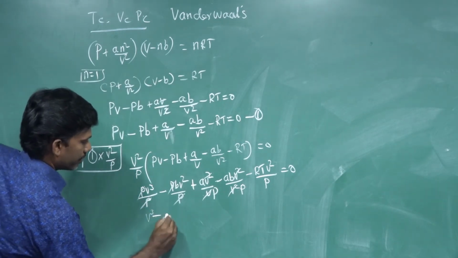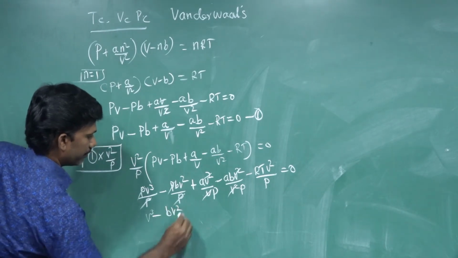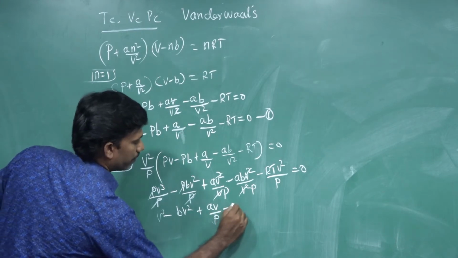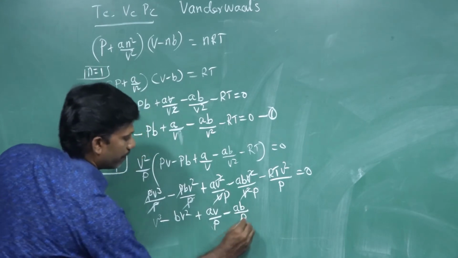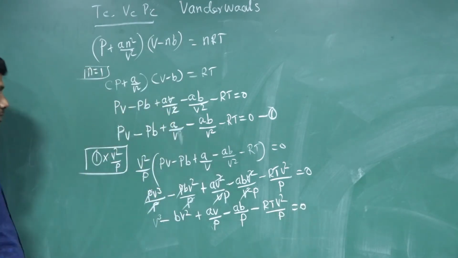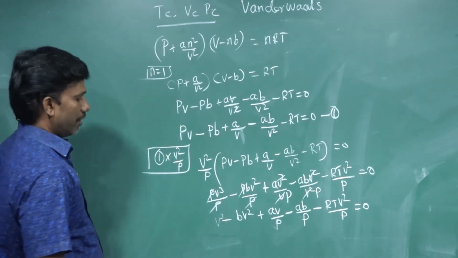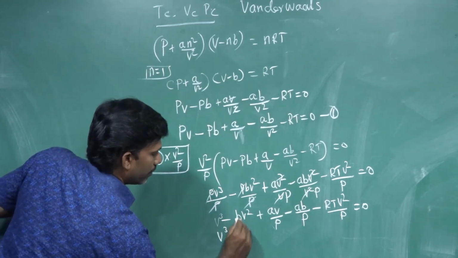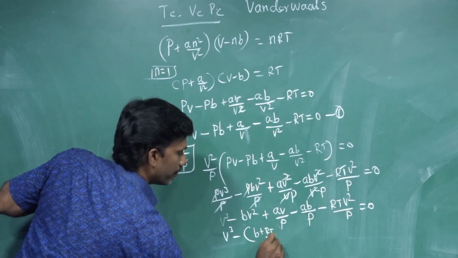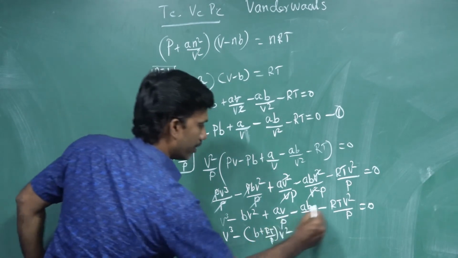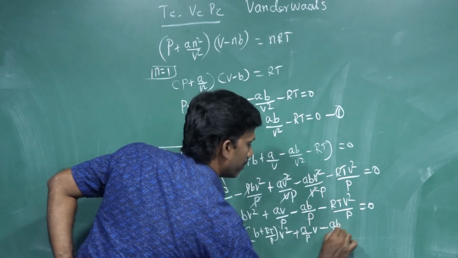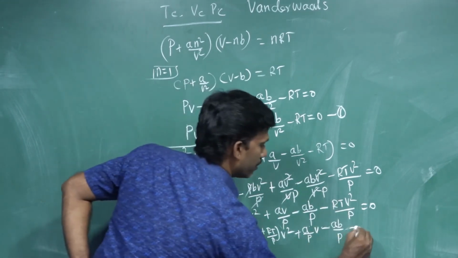Then the equation becomes V³ - bV² + aV/P - ab/P - RTV²/P = 0. Now in terms of powers of V, if you rewrite the equation: V³ first, then V² terms, so -(b + RT/P)V², then + (a/P)V, minus ab/P, equal to 0.